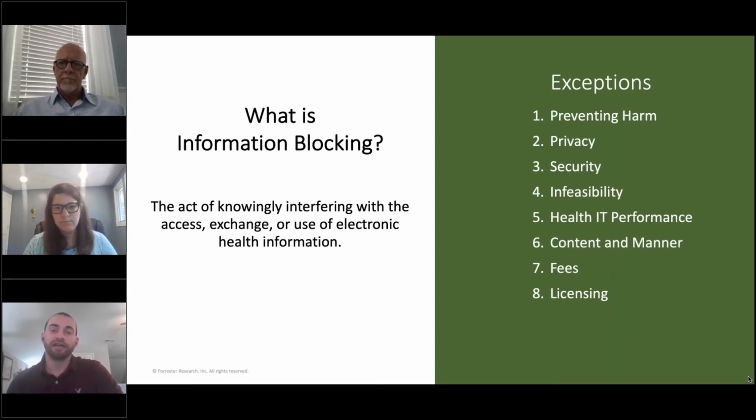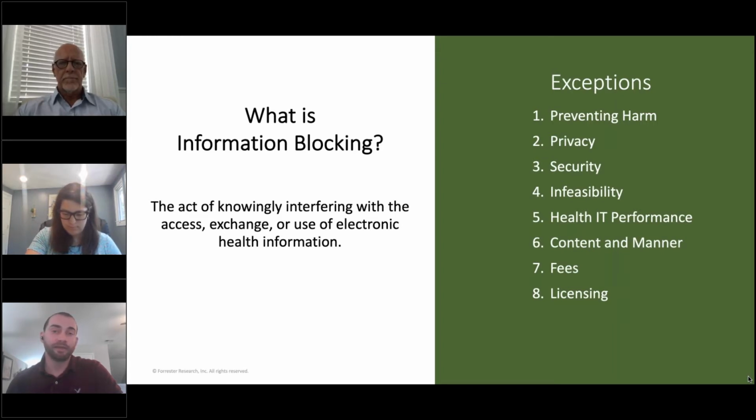Essentially, it is ensuring that health IT and those who use it follow the new interoperability standards being laid out in the final rule, and do not put an undue burden on the patient to access or use their own healthcare data. Examples of information blocking include restricting or slowing down a patient's access to their EHI, or using your certified health IT in a way that could lead to fraud, waste, and abuse of resources.